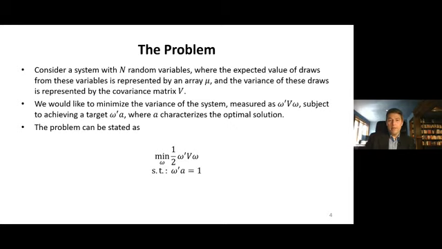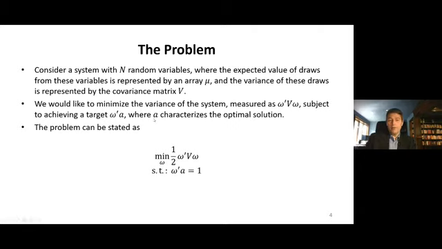Given that, the traditional approach is to try and optimize a vector omega such that we minimize the risk of the portfolio, the variance of the portfolio, subject to achieving a particular goal. This goal can be to achieve a particular expected return or some other characteristic of the portfolio, which is determined by this A array.